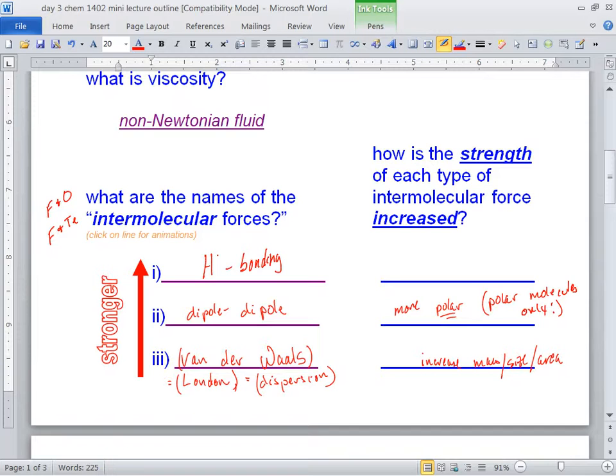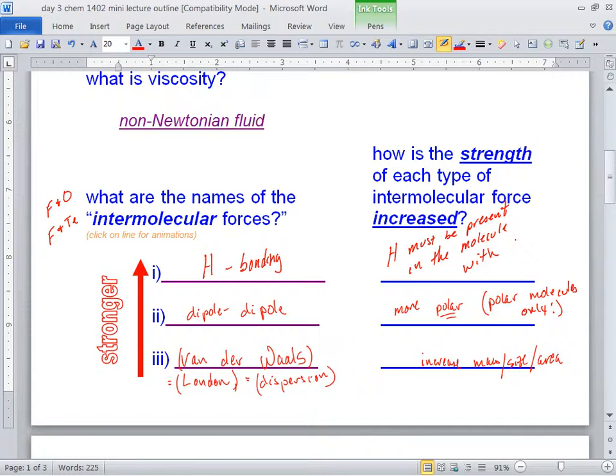How do you make it? Well, H must be present in the molecule, with what elements? They have to be really electronegative. There's only 3 of them.